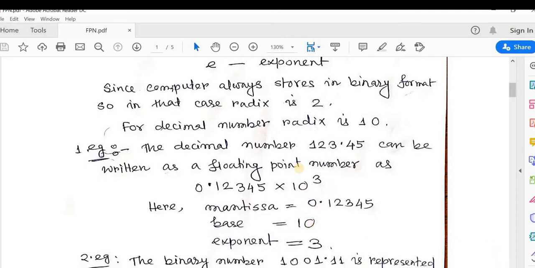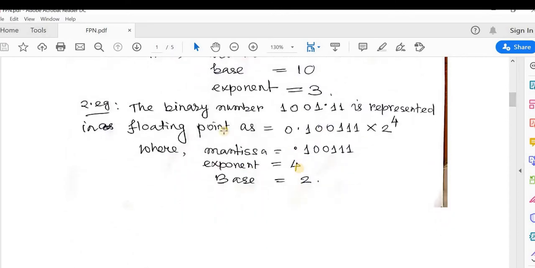So, another example, of a binary number. This is a binary fractional number, 1001.11. If we represent this binary number as a floating point number, it will be 0.10011 into 2 to the power 4.